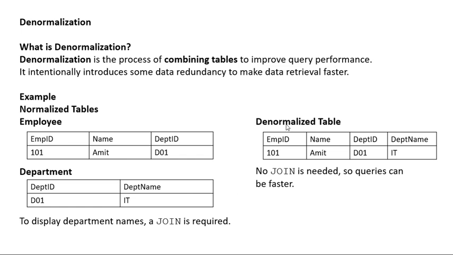And with denormalization, to fetch all the data in one table, the employee ID, name, department ID and department name are given in one table, and no joins are needed, so the queries can be faster.